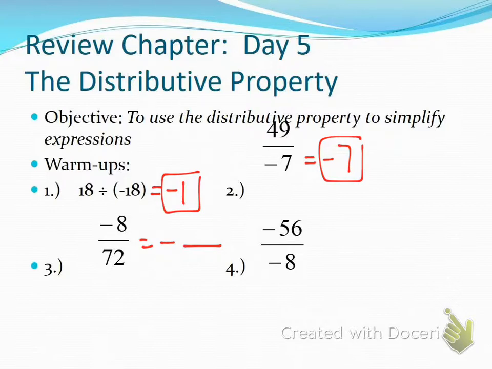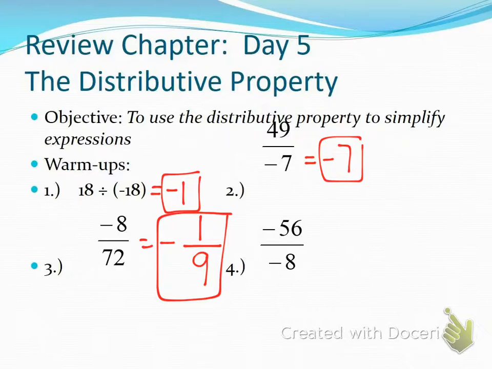What can both 8 and 72 be divided by? 8. 8 divided by 8 is a 1. 72 divided by 8 is a 9. So -1/9 is our answer. If you put the negative sign by the 1 up in the numerator, that's fine, as long as you only have one negative sign there.